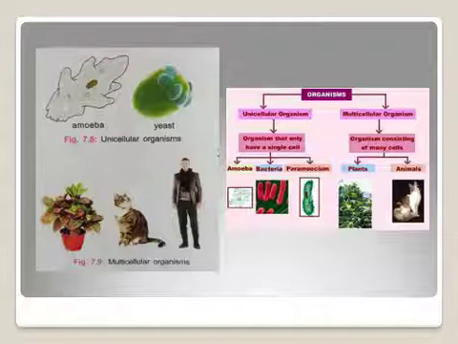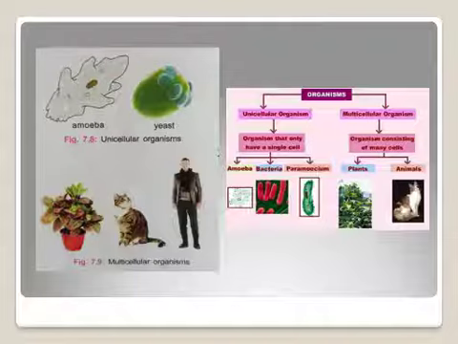Second, multicellular organism. Organisms consisting of more than one cell are called multicellular organisms. Multi means many, cellular means cell. Larger living things are made of millions or trillions of cells.